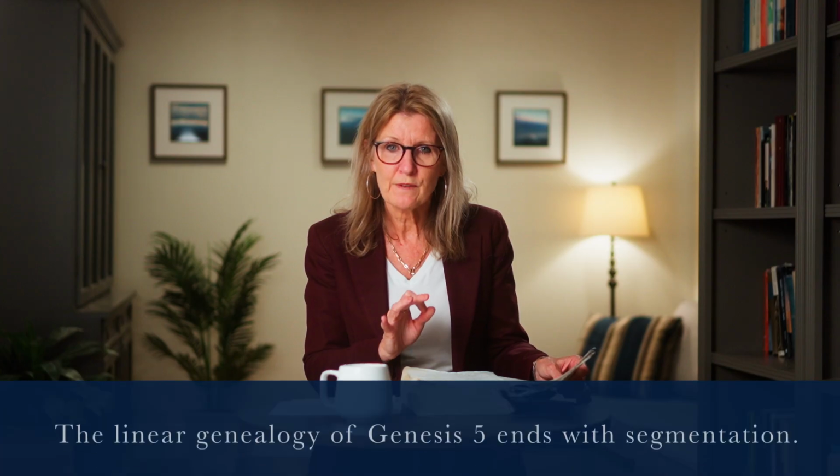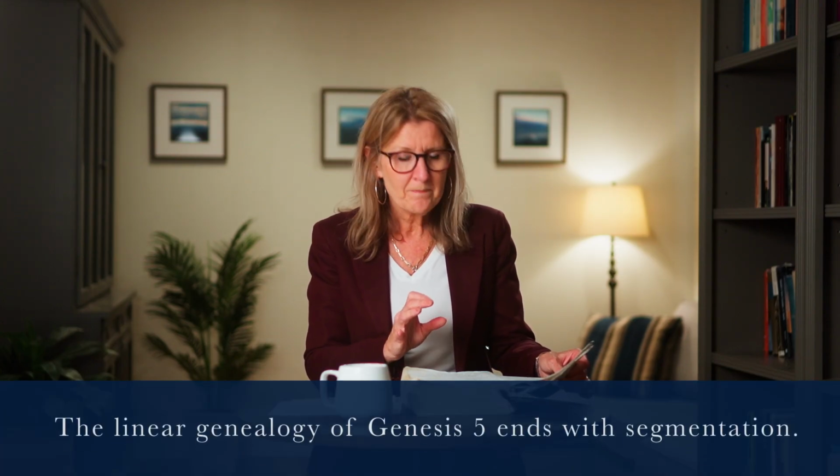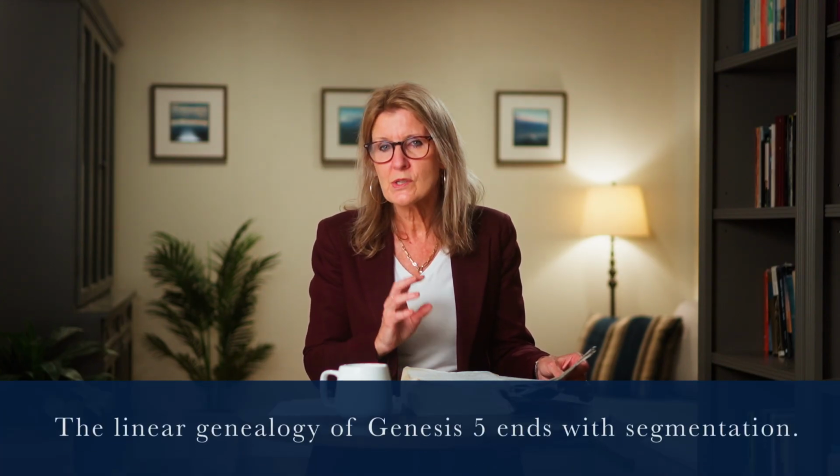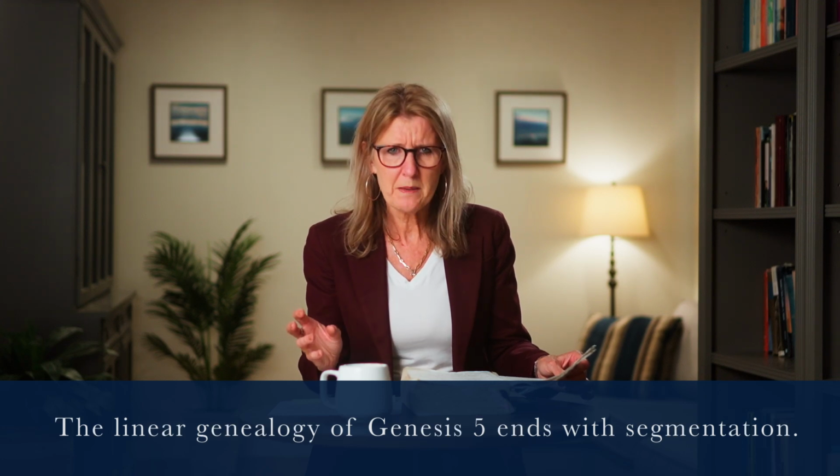So Genesis 5 is a linear genealogy. We call it 10 generations deep because it goes through Noah, who is the 10th member. And then notice at the end of it in chapter 5, verse 32, it ends with what we call segmentation. What does that mean?